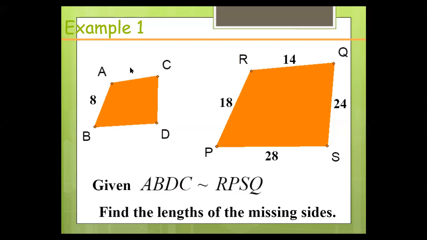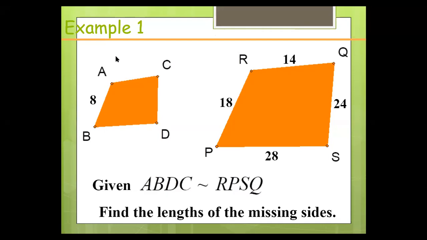Yes, miss. Could you please tell me? We're going to divide the corresponding sides by each other. And we already have that the polygon ABDC is similar to the polygon RPSQ, right?